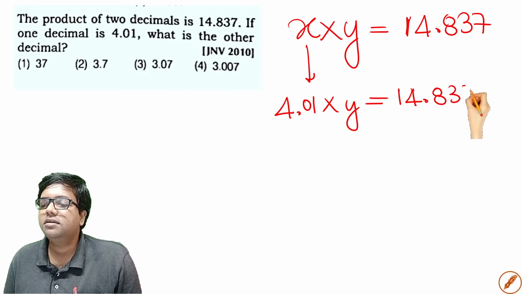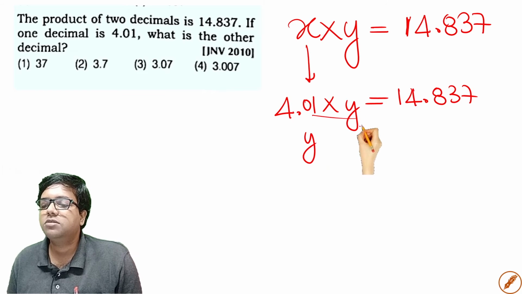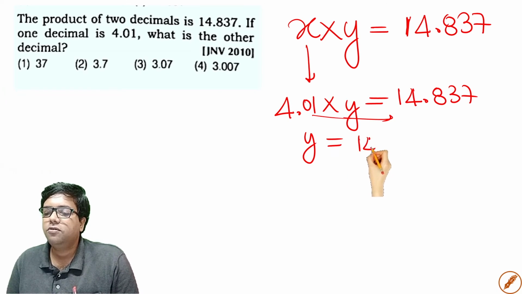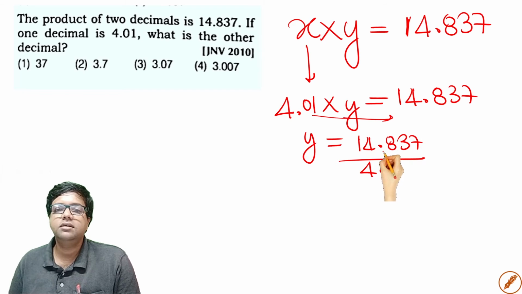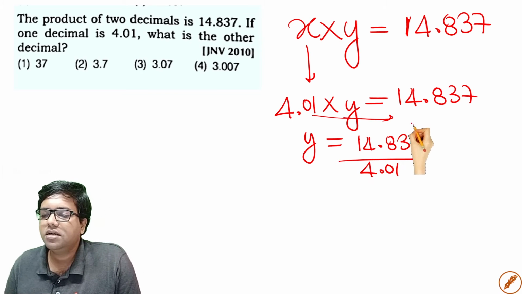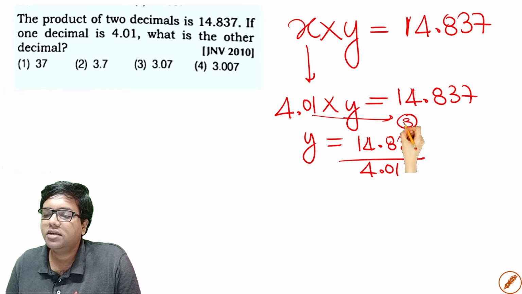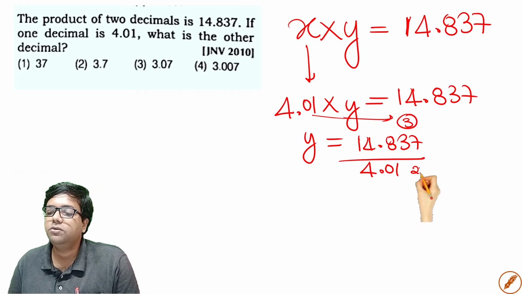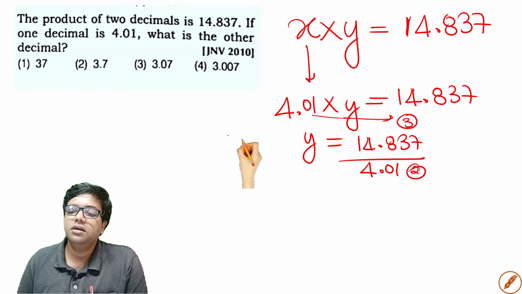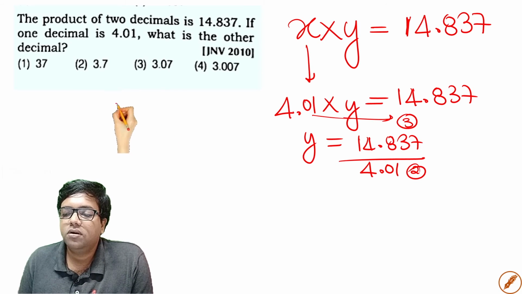Keep y, cross multiply 4.01. So you will get 14.837 by 4.01. Don't worry about the decimals here. On the numerator you have three digits after the decimal, on the denominator two digits after the decimal. So let's do the division in the long division method.